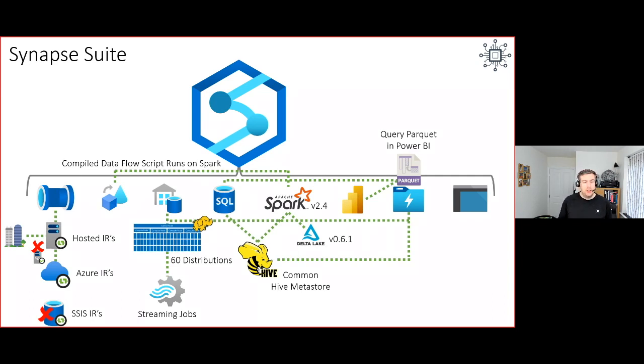So the Spark compute pools have these libraries pre-installed. We have Delta Lake 0.6 at the moment. In our integration pipelines, we have this new activity purely for the purposes of executing these new notebooks.